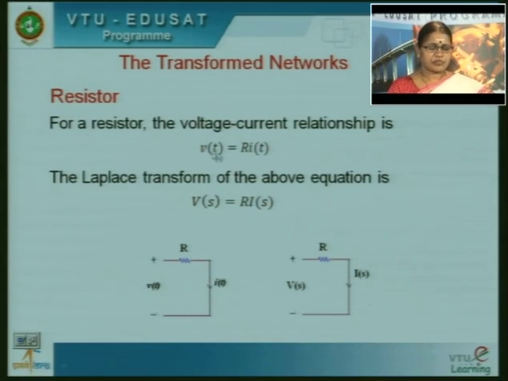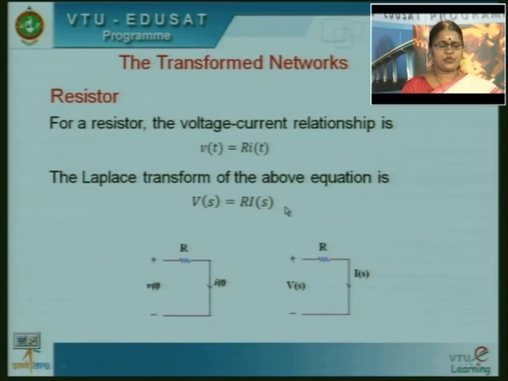Now, if I draw the equivalent circuit, V of t is the voltage that is given to a resistor, and the current flowing through the resistor is I of t. But the equation in S domain is V of S is equal to R into I of S. So, I can translate this equation into an equivalent circuit.